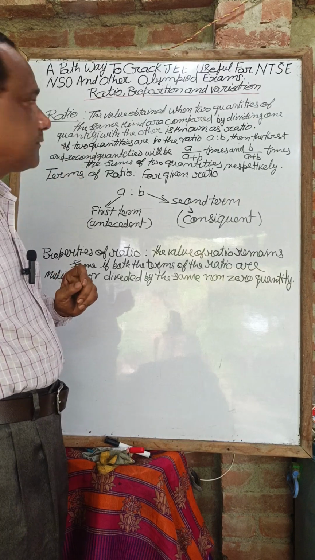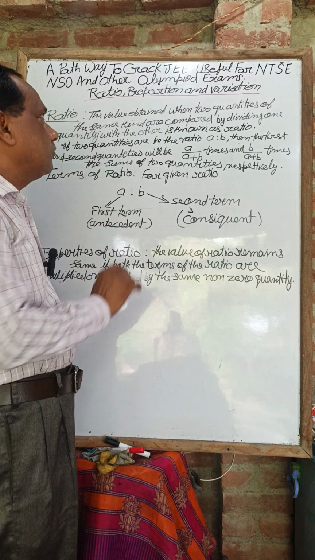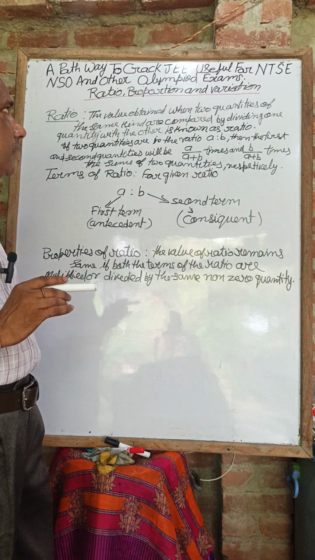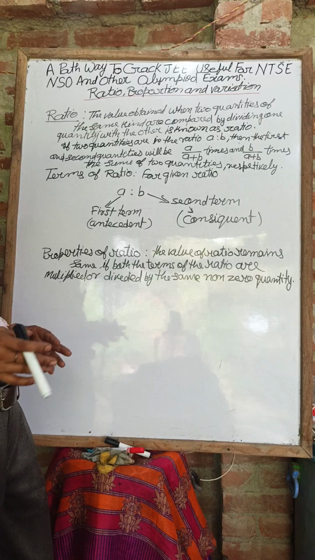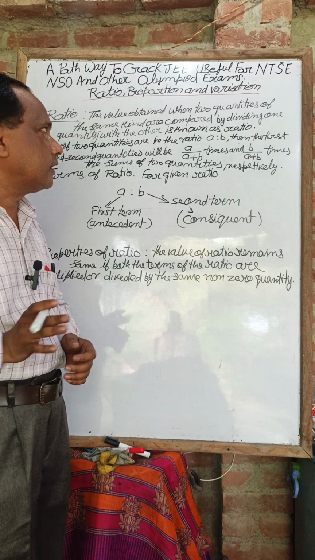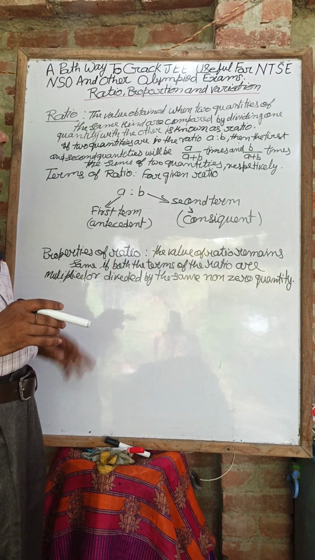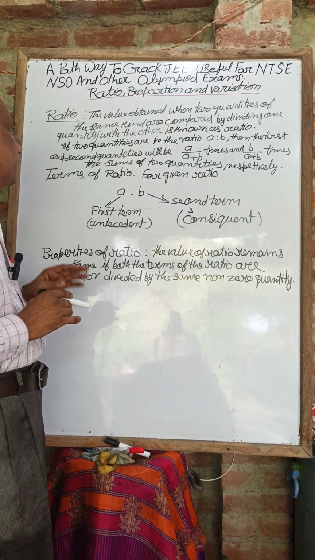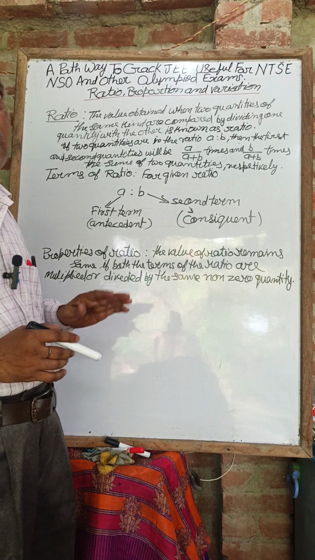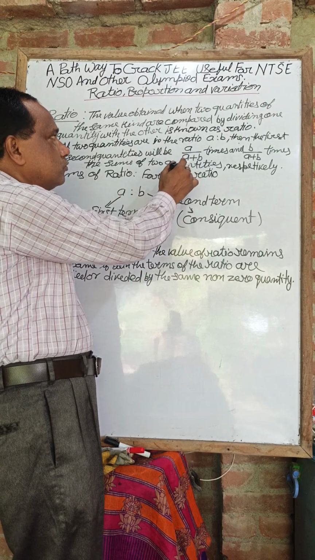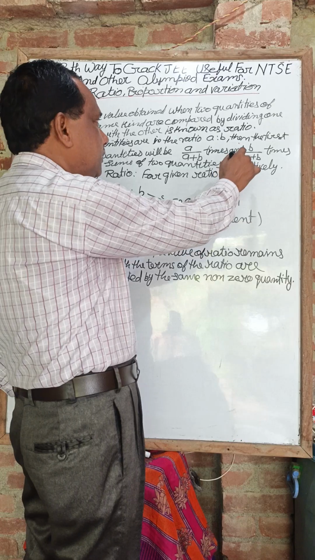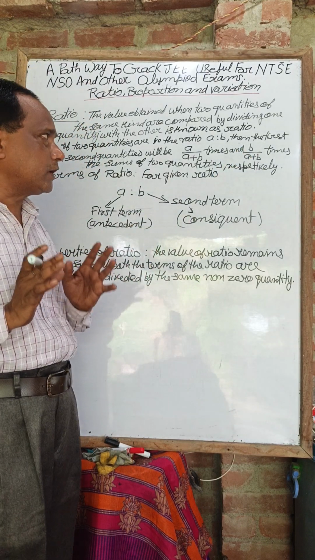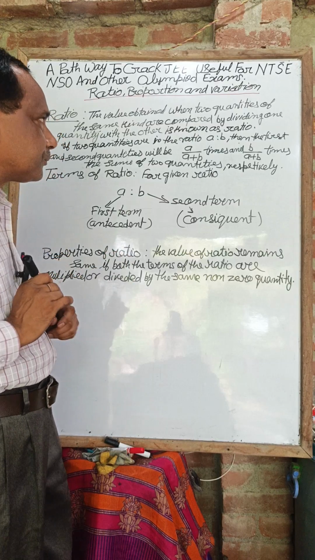So, the definition of ratio: the value obtained when two quantities of the same kind are compared by dividing one quantity with the other is known as a ratio. If two quantities are in the ratio A is to B, then the first and second quantity will be A over A plus B times and B over A plus B times the sum of the two quantities respectively.